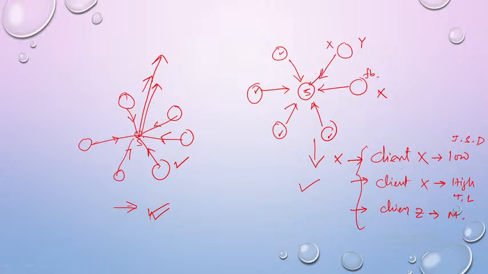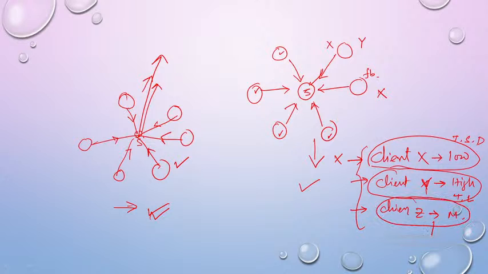Then the server can assign low priority for client X, medium priority for client Y, and high priority for client Z. Whatever Z requires, you give it. Whatever client Y requires, you do not give everything, but only some of the things. Whatever client X asks for, do not give at all.